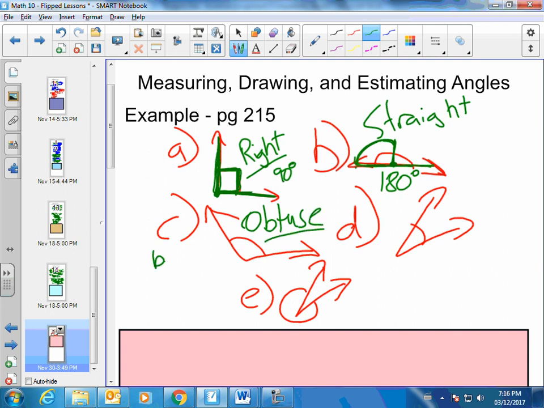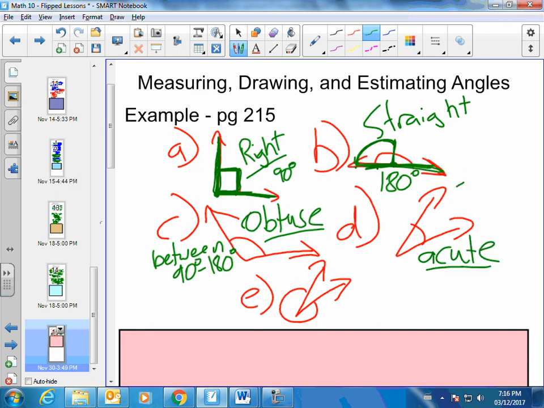It is between 90 and 180 degrees. So it's bigger than a right angle, but it is not quite a straight angle over here. The next one up, we have an acute angle.